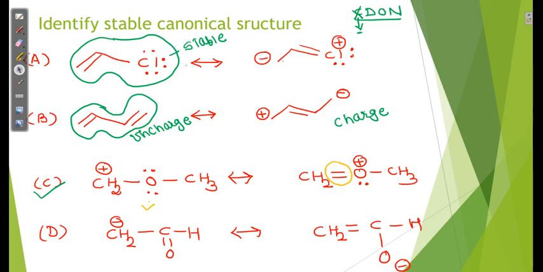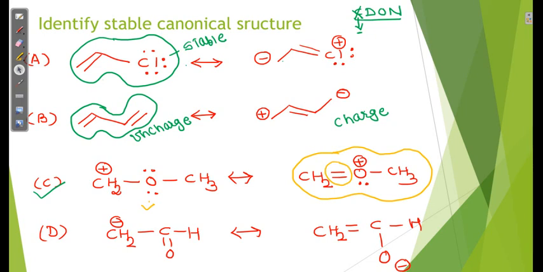So what I suggest is, increase double bonds, increase stability, because bond formation is an exothermic process, so energy will be expelled, so there is a decrease in potential energy.